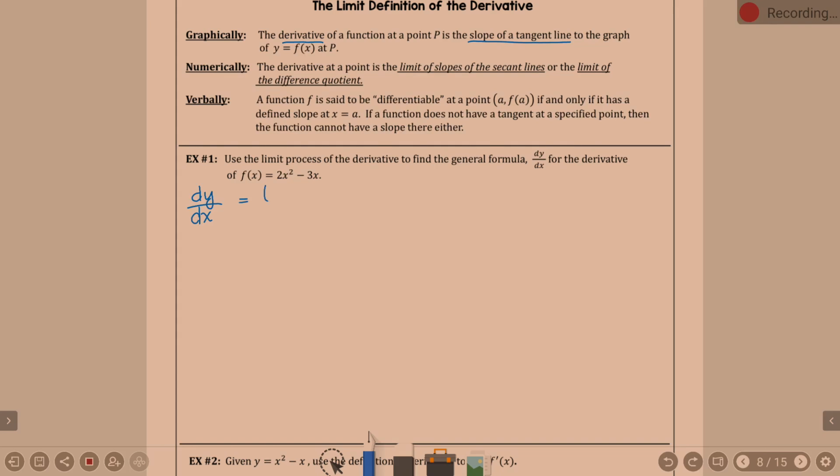And remember the formula, the limit as h approaches 0 of f of x plus h minus f of x, all over h. So that's the limit process to find the derivative, and they give us the f of x there.